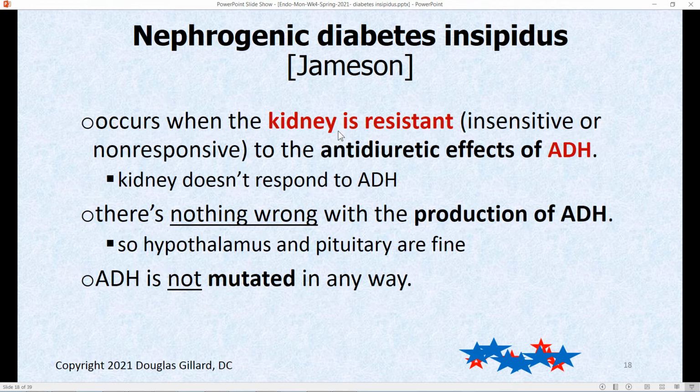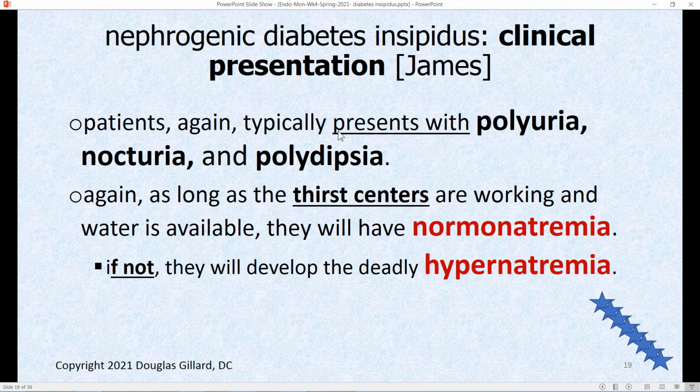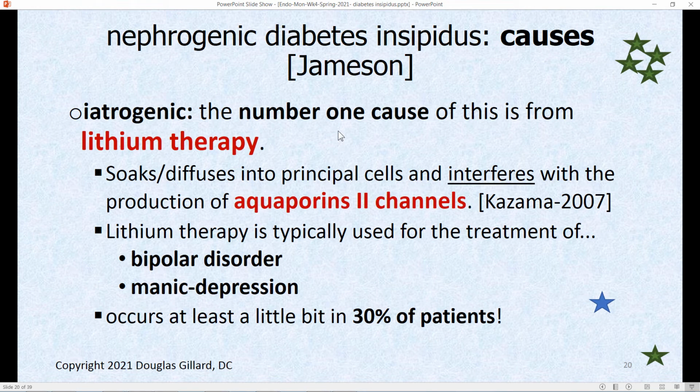Its ADH is being released just fine, but the kidney is not receptive to it. Typical presentation is the same: polyuria, nocturia, polydipsia. And as long as the thirst centers are working, they're not going to show up with a hypernatremia. They'll have a normal natremia, but they'll be drinking tons of water and getting up 5 times at night. So that's the way you tell this condition.